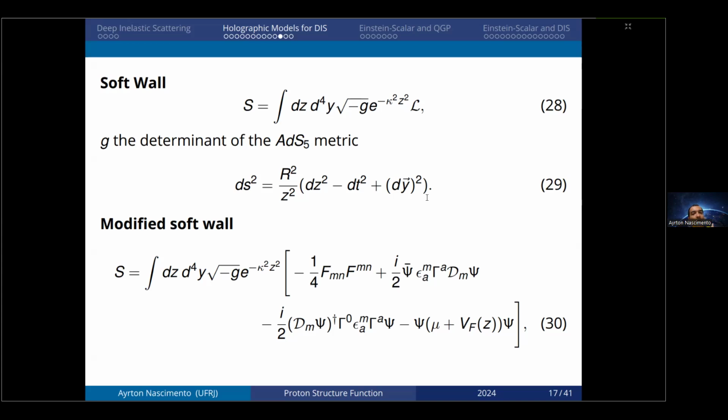Also, if you just had an action like this and got the equation of motion for the photon and for the fermion, people didn't get a discrete spectrum for the particles. So a holographic model just like this soft wall doesn't give a discrete spectrum, and that's a reason people had to modify this model in order to get a discrete spectrum for the particles involved.